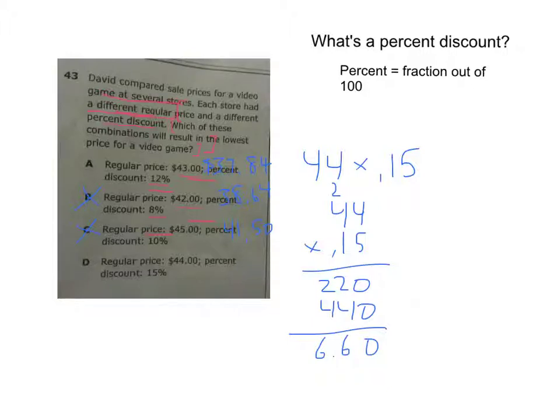Move the decimal 2 points, $6.60 from 44. $44 minus $6 is $38. Take away an extra 60 cents, and we have $37.40. So that is our answer. It was down to D and A, but $37.40 is cheaper than $37.84. So our answer is D.